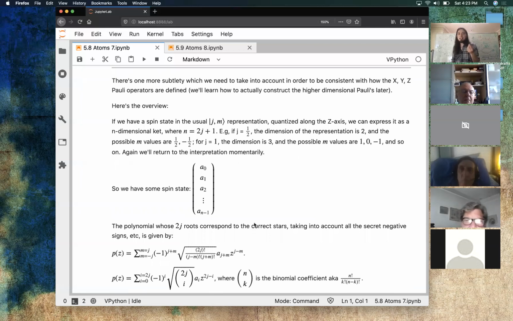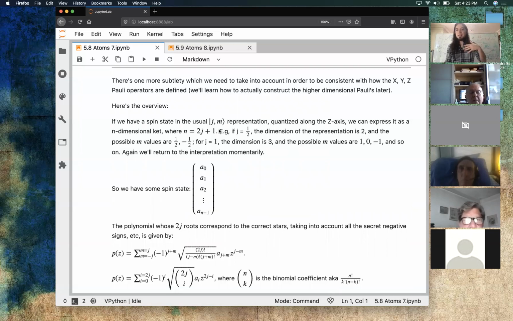In order to get consistency with the usual representation of spin in terms of a JM vector, in other words, normally we represent spin where we pick a J value, whether that's 0, a half, 1, 3 halves, could be an integer or a half integer.